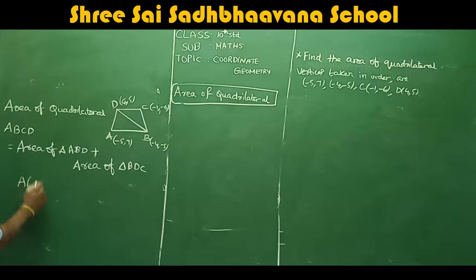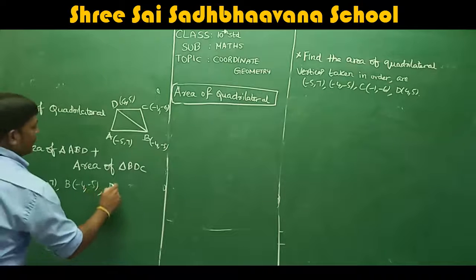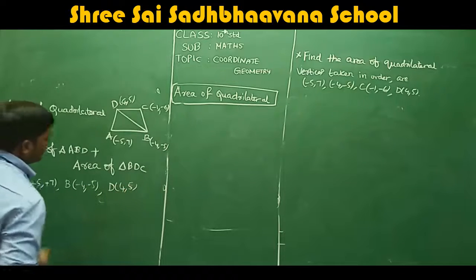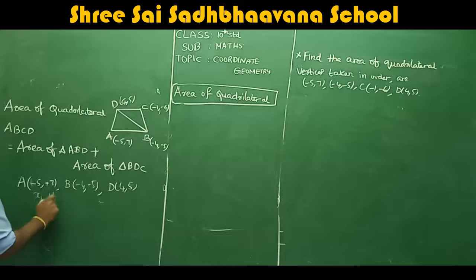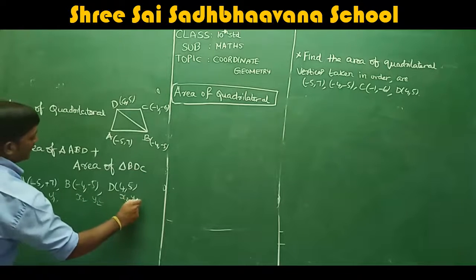First write the vertices. What is A here? A is minus 5 comma 7, and B is minus 4 comma minus 5, and D is 4 comma 5. Under this you write x1 y1, x2 y2, x3 y3.